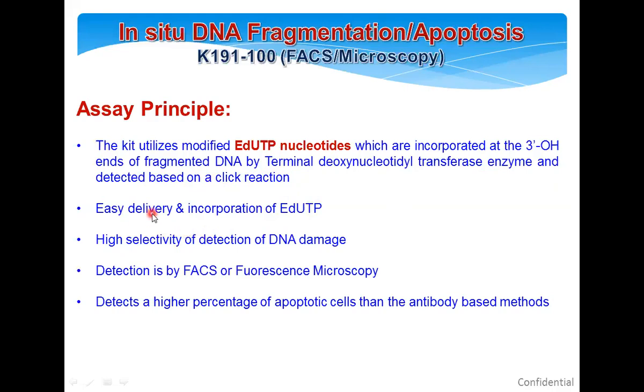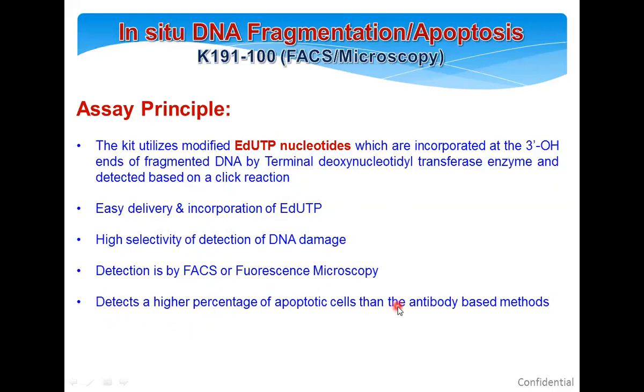This assay is easy to deliver because, as I said, these nucleotides are cell permeable. You don't need anything fancy, you just add it directly to the cells. It's highly selective for detecting DNA damage, and the final readout is via FACS or fluorescence.